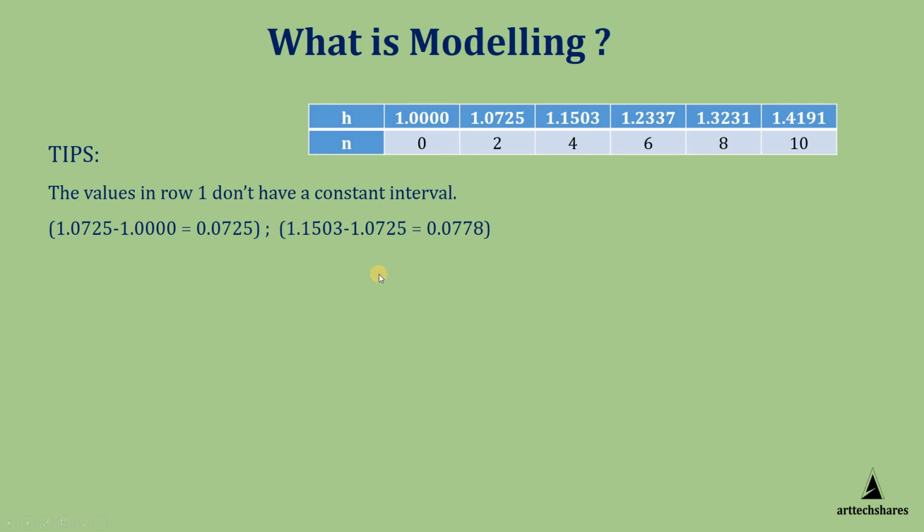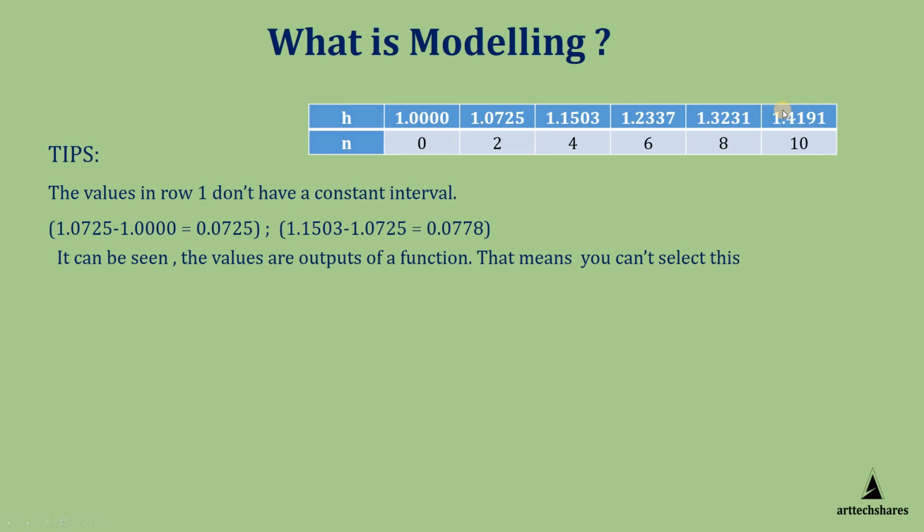So it can be seen that the values are outputs of a function. This means that you can't select these values randomly. So it is some kind of output. Do you understand?